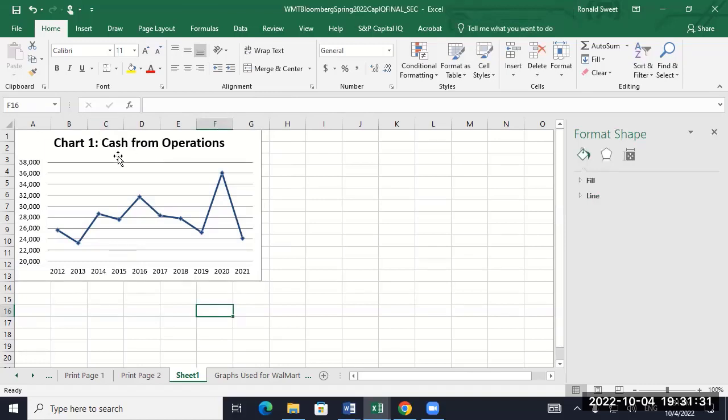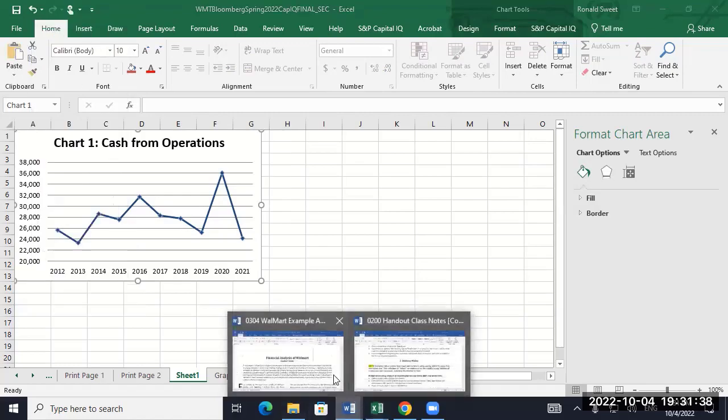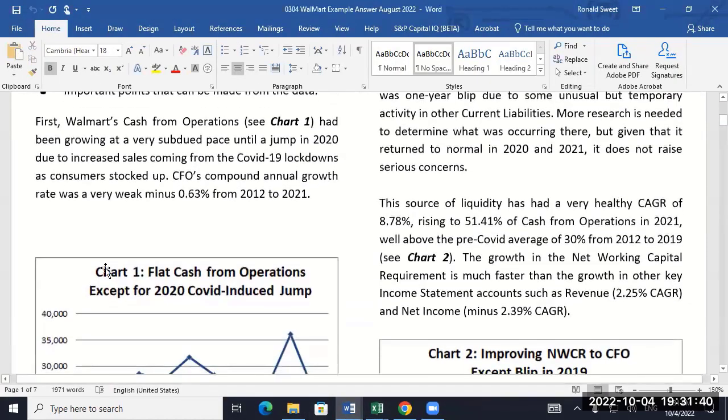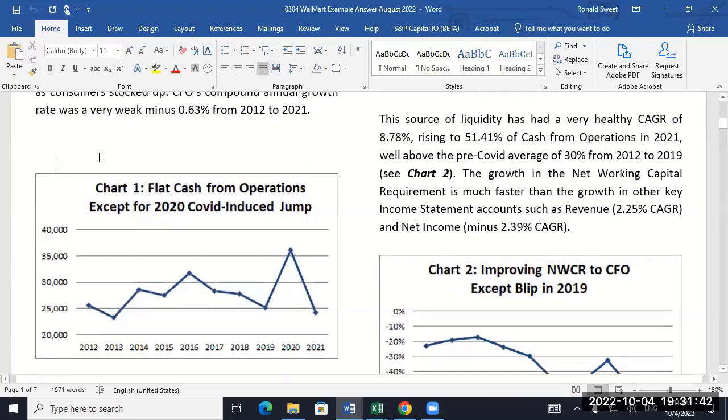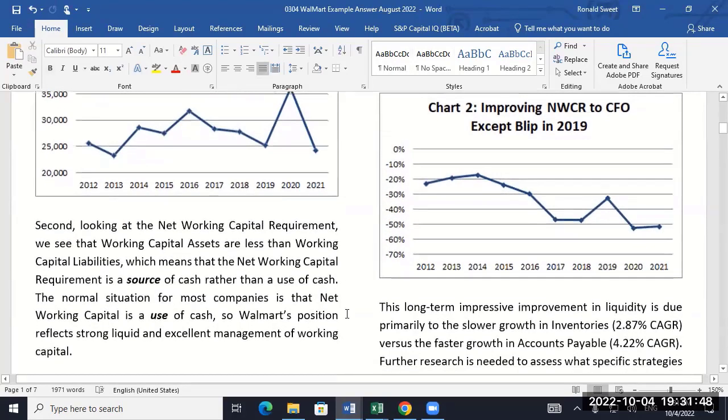So change your title, whatever you're trying to explore, and then copy and paste it into your paper. I recommend paste it as a bitmap, mainly because the other forms tend to mess up the x-axis especially.